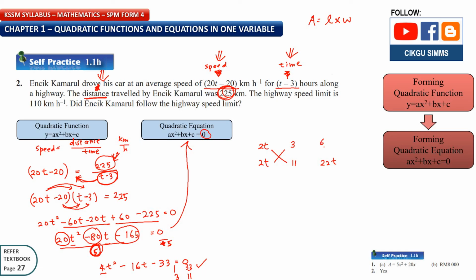This one I get 6. I will minus. Okay, I think I got it. So negative 22 plus 6 would be negative 16. This one and this one, negative 33. If you're not sure how to factorize, you can refer to my previous video. So this one, 2t plus 3, 2t minus 11 equal to 0.